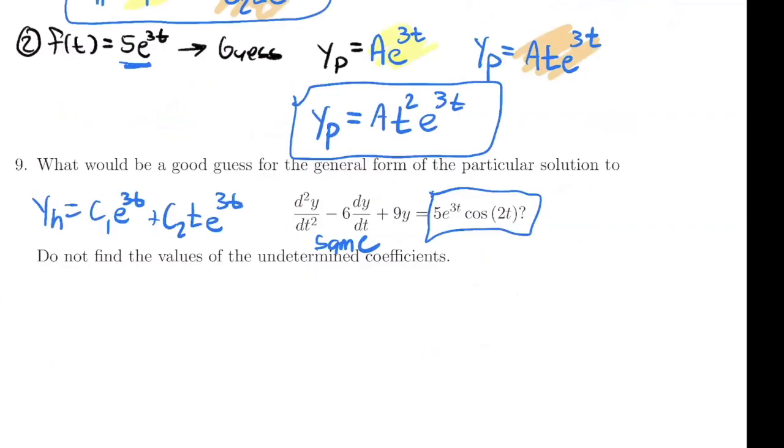And so if we're trying to come up with a guess for the particular solution, when we've got a product of an exponential term and a trig function, then our initial guess would make sense to be something similar, namely a product of the exponential and the trig function.